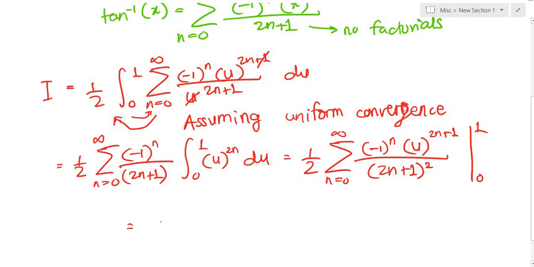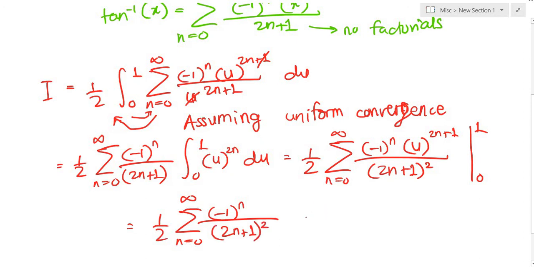Now plugging in our upper and lower bounds, we have half of the sum from n equals 0 to infinity of minus 1 to the n, and when we plug in 1 in the place of u, we have 1 to the 2n plus 1 power. 1 to any power is just 1, divided by 2n plus 1, the whole thing squared.